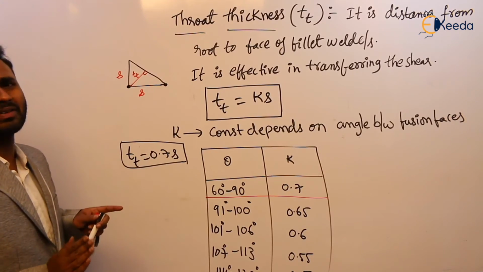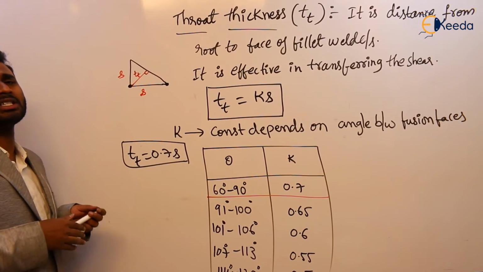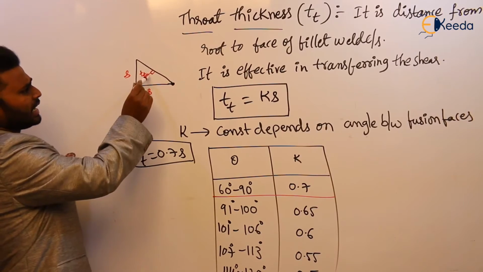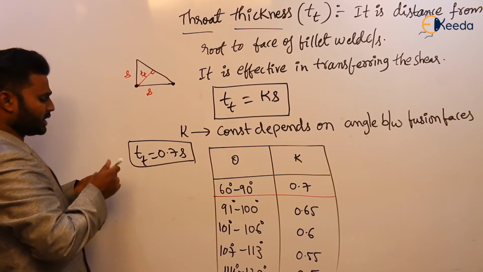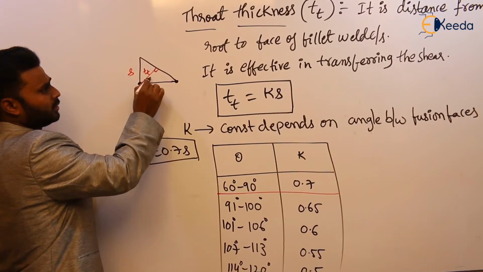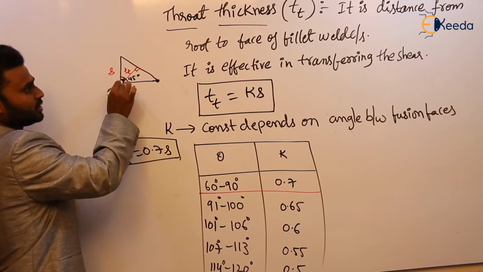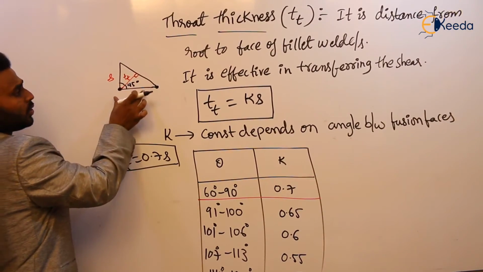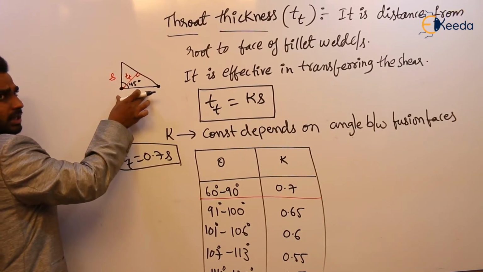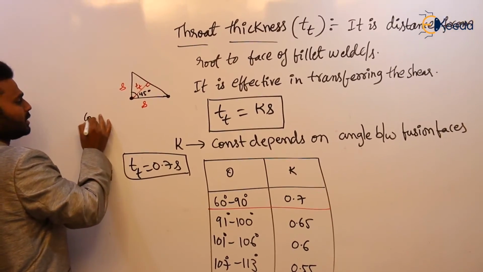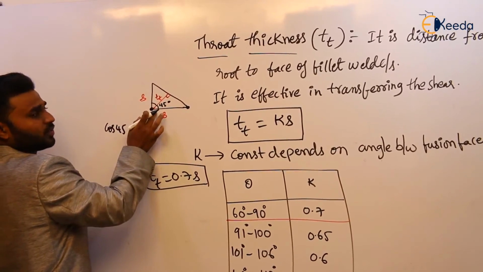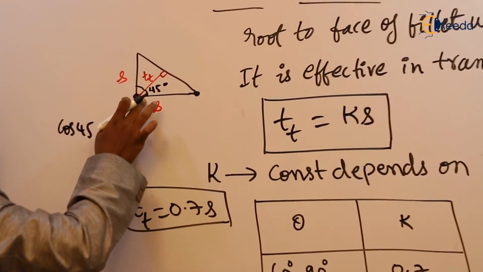Now how is this 0.7? It's simple. That is mathematics, or you can say trigonometry. As it is a perpendicular, this angle is 90, so this is 45 and this is 45. Now if you take cos theta, here cos 45. We know that cos theta is adjacent by hypotenuse.